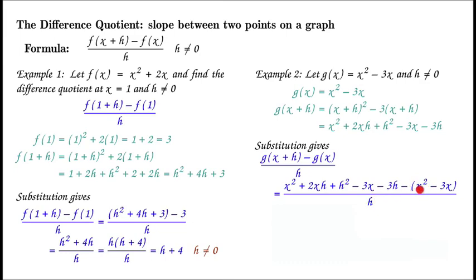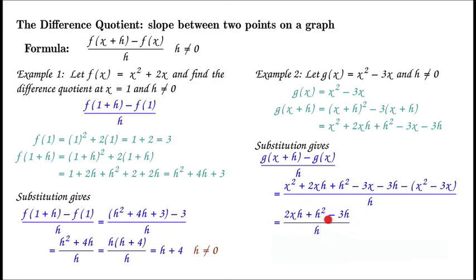So when I subtract x squared, the first x squared at the beginning and this minus x squared cancel. When I subtract minus 3x, it becomes a plus 3x, and it cancels with this minus 3x. So I can simplify my numerator down to this 2xh term, this h squared term, and this minus 3h term, which I have written here.